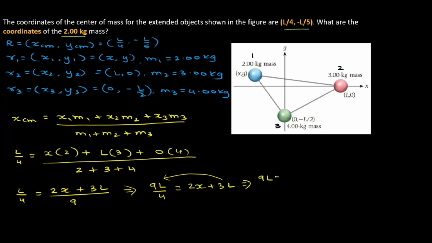We get 9L by 4 minus 3L equals 2x. 9L by 4 minus 3L will give me negative 3L by 4 equals 2x. You divide by 2 on both sides, and that gives you x equals negative 3L by 8.